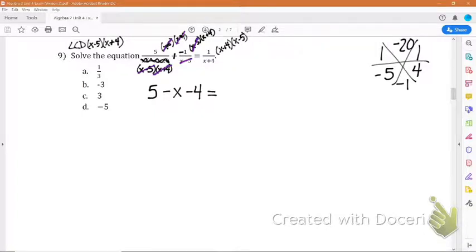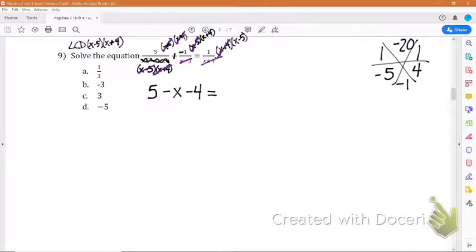For our last term, bring down your equal sign. Now we have 1 over x plus 4, and we're multiplying by x plus 4, x minus 5. I should cancel my x plus 4s out. One's on top, one's on bottom.